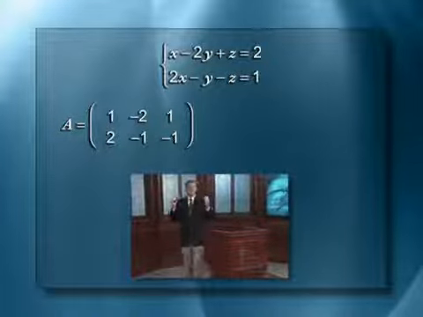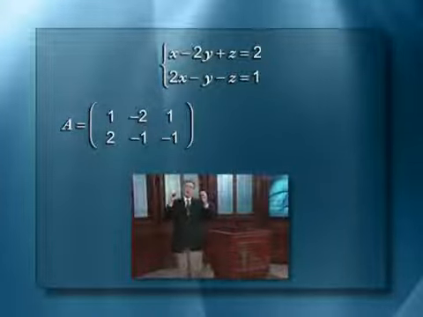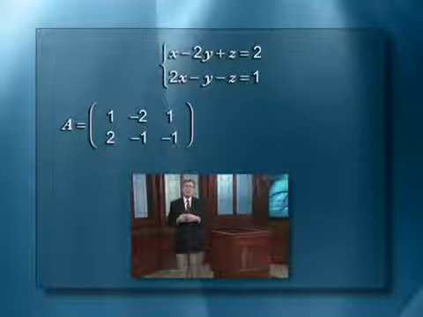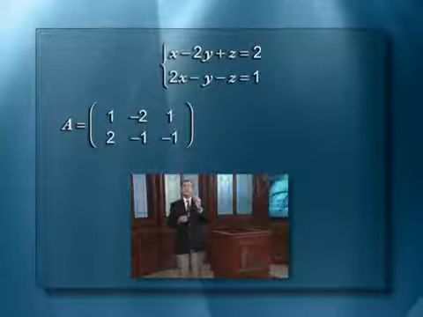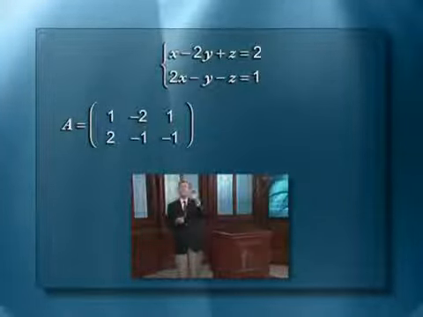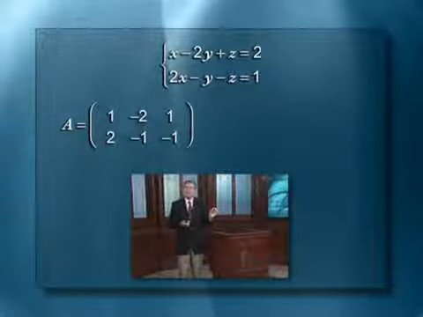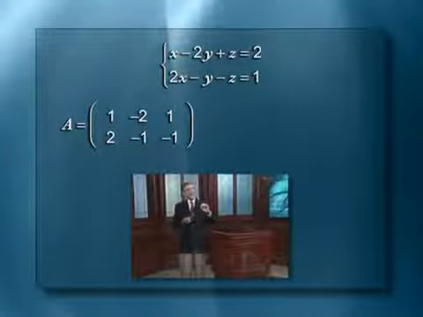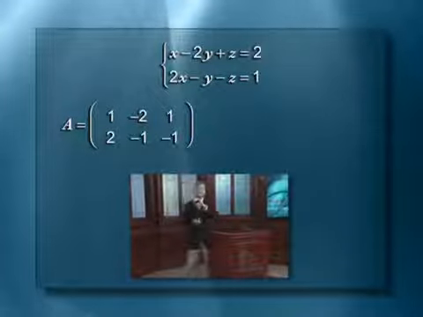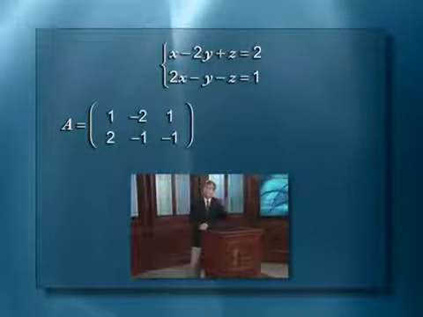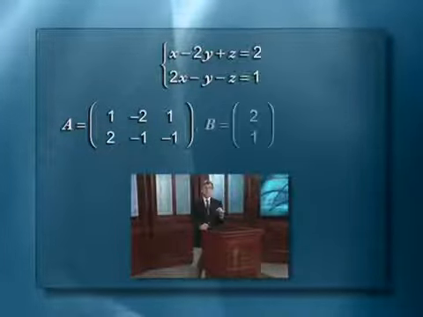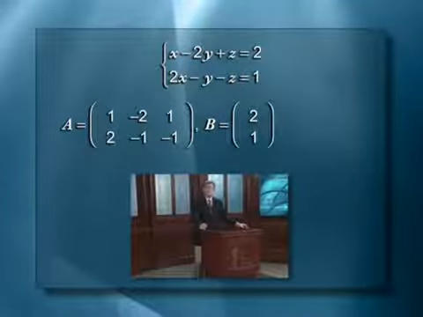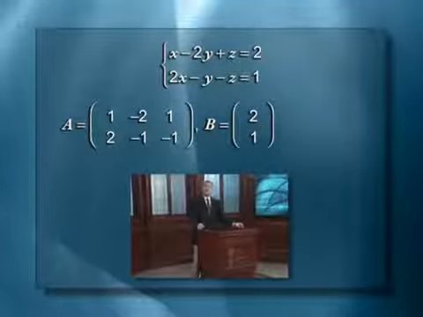So it'll be a matrix that's 2 rows, 3 columns. The first row is 1, minus 2, 1. That corresponds to the coefficients of the first equation. And the second row is 2, minus 1, minus 1, corresponding to the coefficients of that second equation.